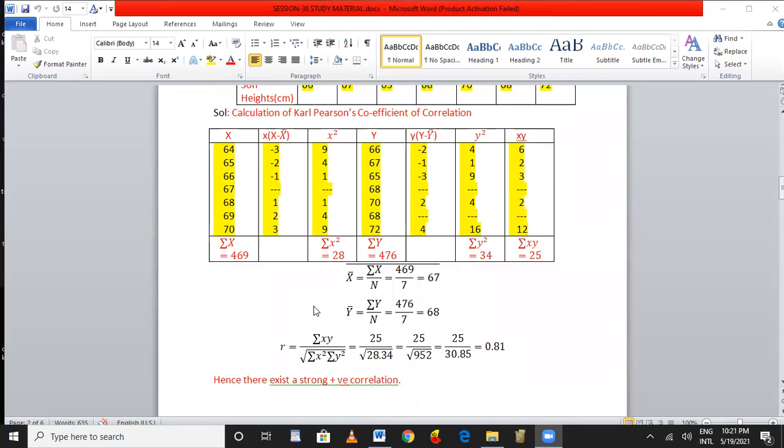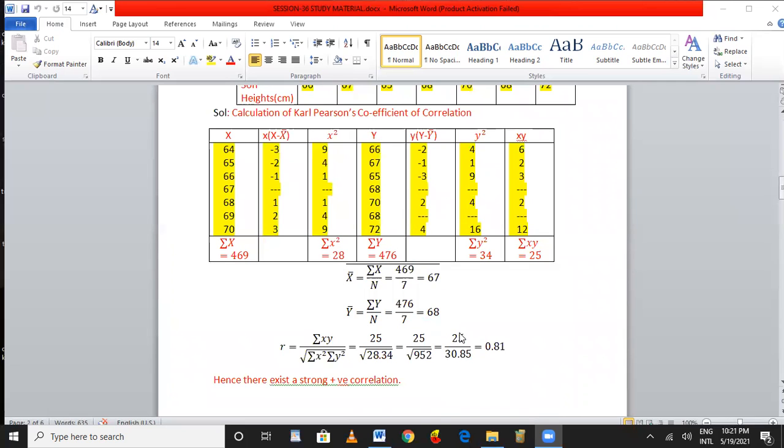Here we have to calculate X bar. X bar is equal to 469 is the total, and how many terms are there? 1, 2, 3, 4, 5, 6, 7. 7 terms are there. It is equal to 67. 67 is the X bar, and for Y bar, the total of the Y series is 476, and n, the number of items, is 7. 1, 2, 3, 4, 5, 6, 7. 7 items are there, and Y bar is equal to 68.